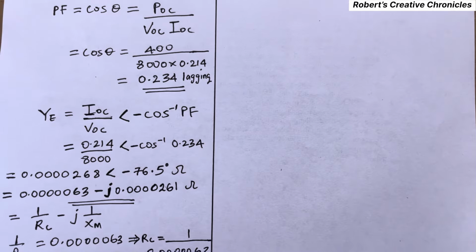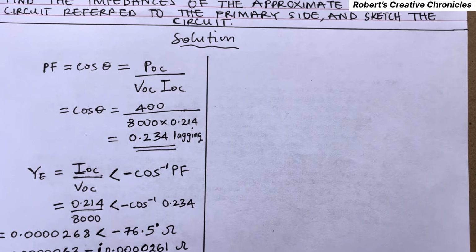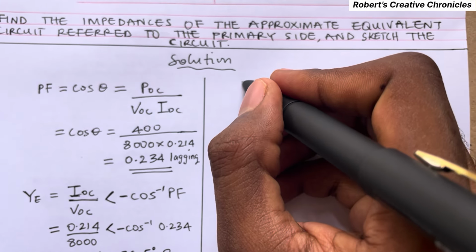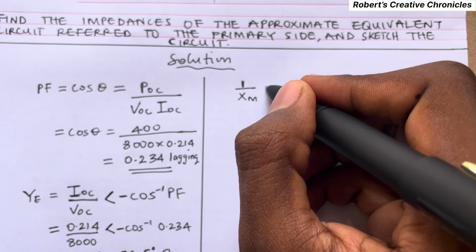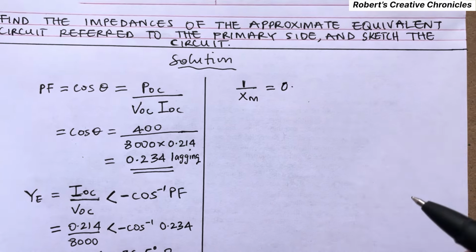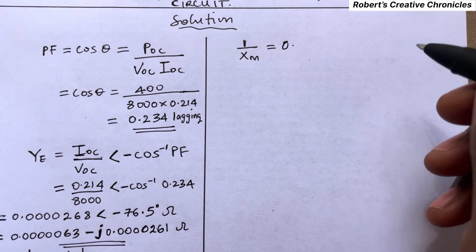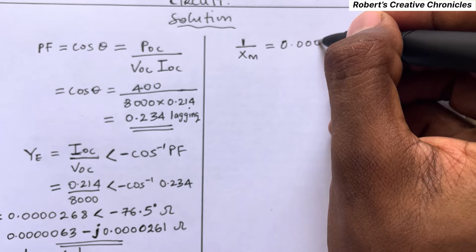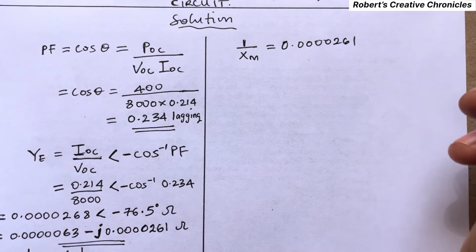Then to find XM, we equate it, so 1 over XM is equal to 0.0000261.